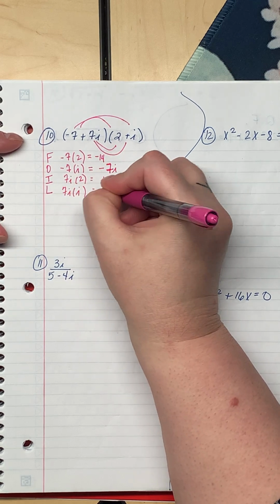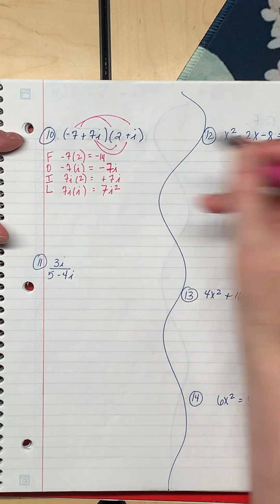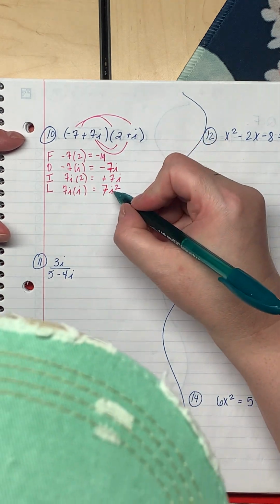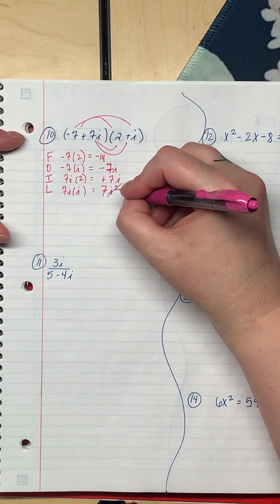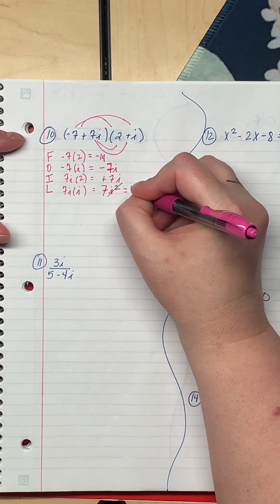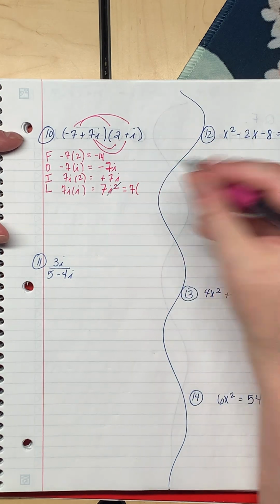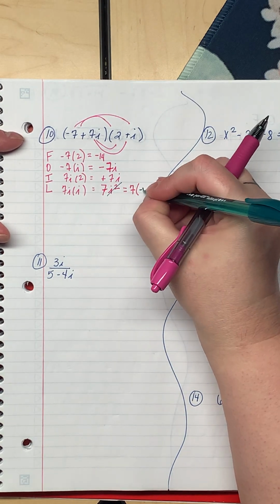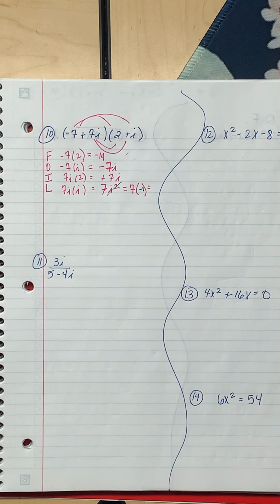is 7i squared. But then, anytime you have an i squared, we cross it out, and instead we replace it with a parentheses and a -1. So i squared is equal to -1.